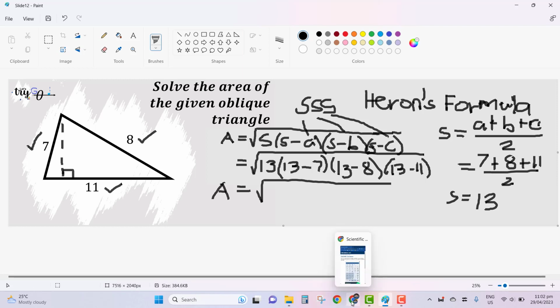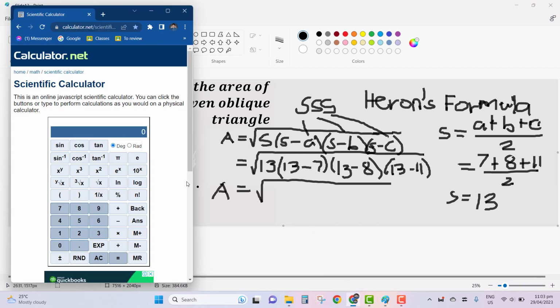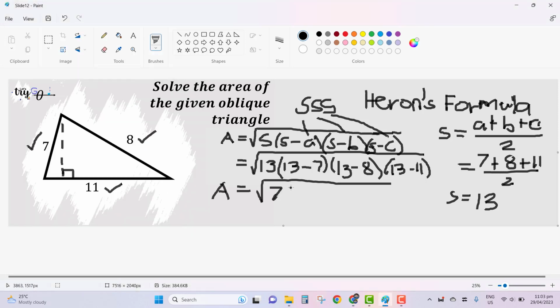We can use a calculator here and compute the value of the radicand. 13 times 13 minus 7 is 6, times 13 minus 8 is 5, times 13 minus 11 is 2. Again, 13 times 6 times 5 times 2. That's 780.